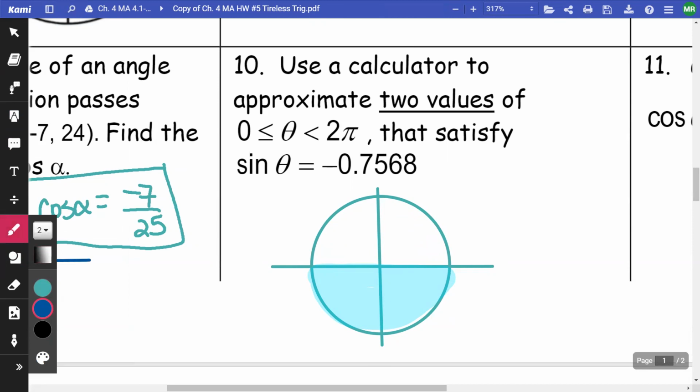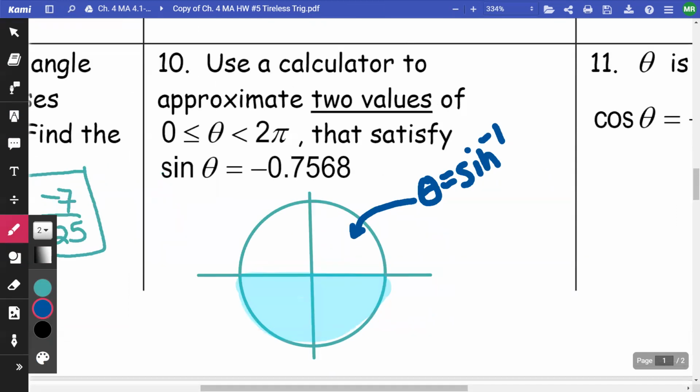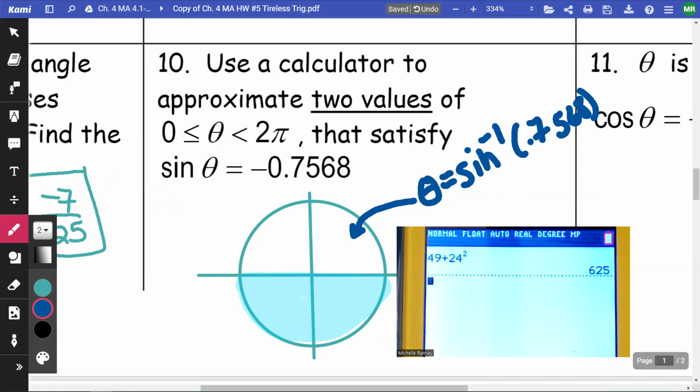Instead of finding the sine of the negative angle, I'm going to find the reference angle. So my theta is going to be equal to sine inverse, and again, I'm going to use the positive number, 0.7568.